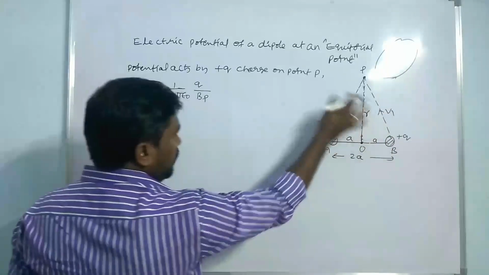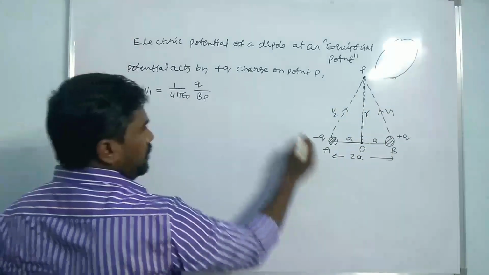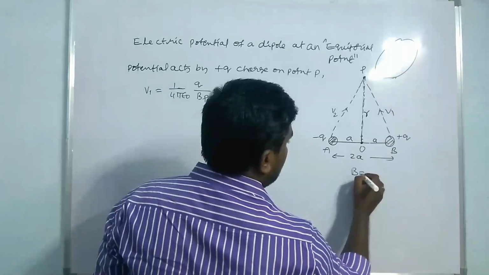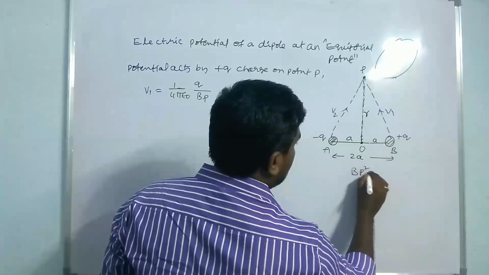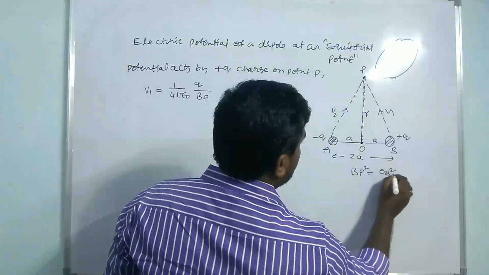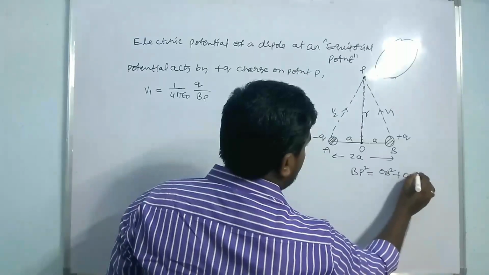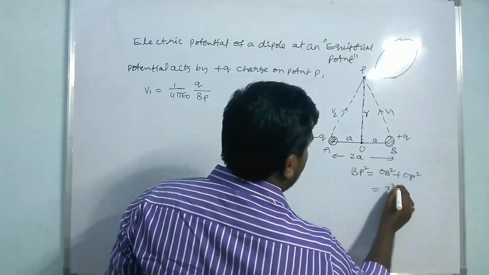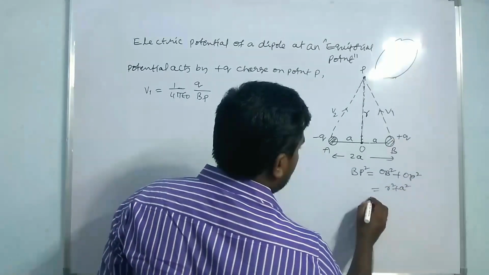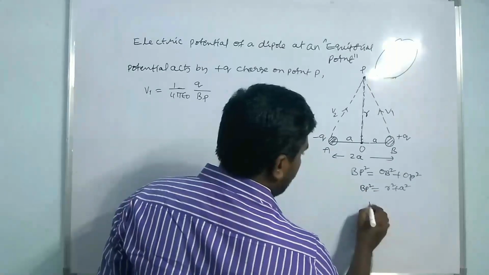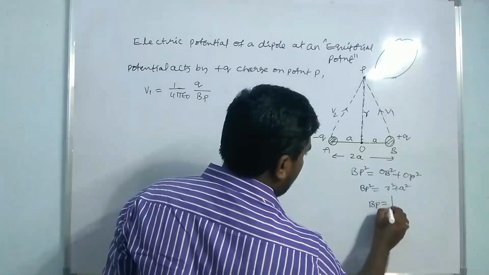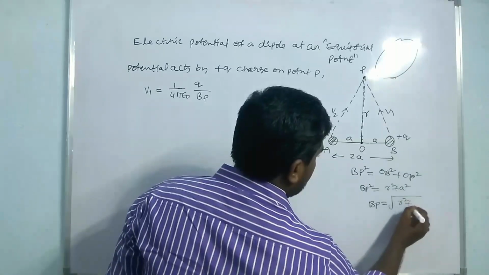It is side square plus side square. So BP square is equal to OB square plus OP square, which is R square plus A square. We need to find BP, which is the square root of R square plus A square.